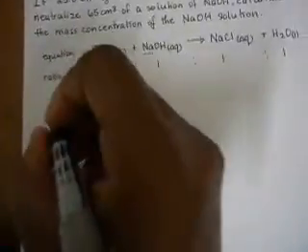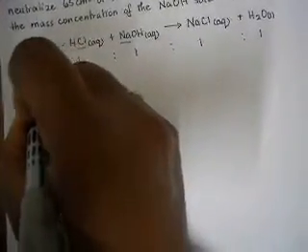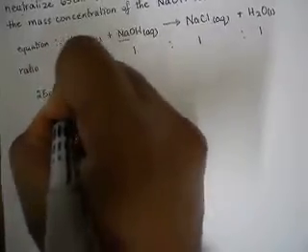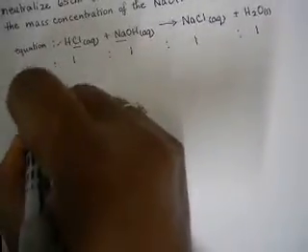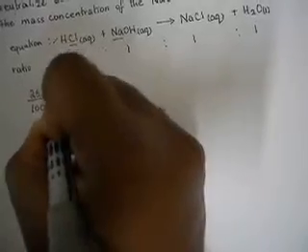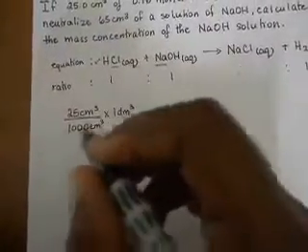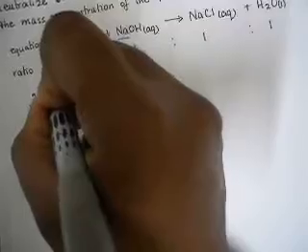So, if we have 25 centimeters cubed, we divide that by 1,000 centimeters cubed and multiply it by 1 dm cubed. That's your volume.